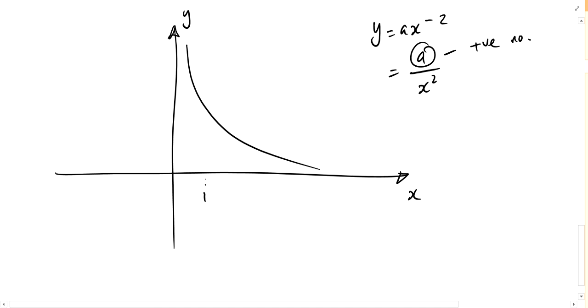So if this is 1, then this must be a, isn't it? What happens when x equals 2? Y equals a divided by, are you sure it's 2? Divided by 4. So if this is a, this is half a, this is a quarter a.